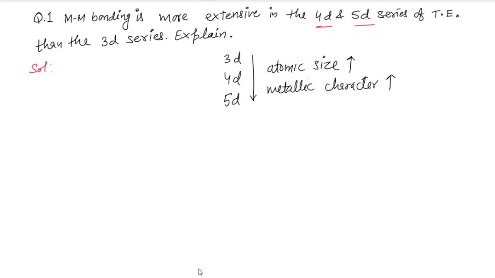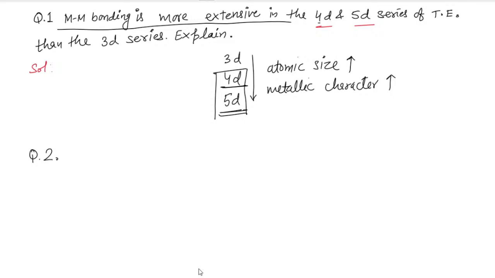That means electrons in the elements are more available for bonding, more involved in bond formation. That's why in 4D and 5D series, metal-metal bonding is more extensive than in 3D series. This is the simple reason: as metallic character increases, metal-metal bond is more easily formed, because electrons are more available for donation, or we can say bonding.